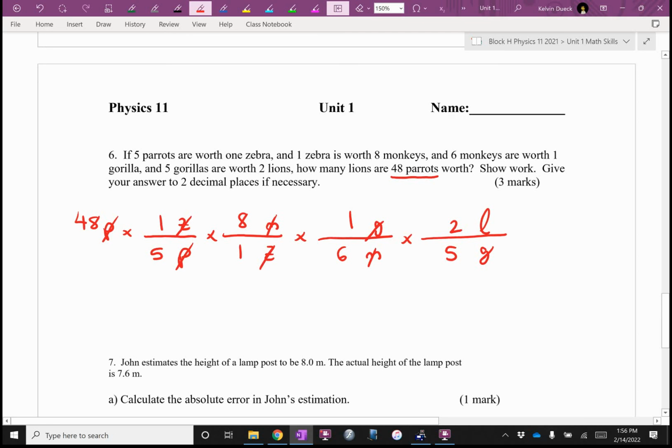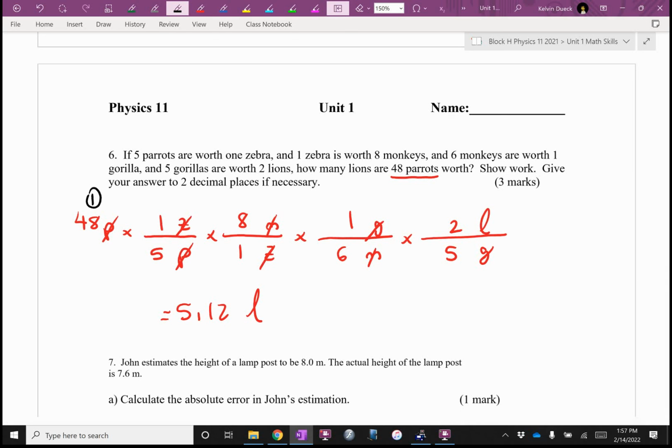So it's going to be 48 times 8 times 2 divided by 5 divided by 6 divided by 5. And I think you get 5.12 lions. Is that correct? Yeah. If you got that, I will give you 3 out of 3. Now, if you didn't get that, I would give you 1 mark if you wrote down what they gave you, because that's what I've taught you as the first approach.